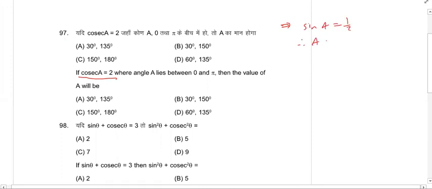Therefore, A is equal to 30 degrees. That's the quadrant 1 solution. And where is sine positive? The second quadrant. Therefore, the quadrant 2 solution is A equal to 150 degrees, 180 minus 30. So 30, 150. Solution is B.